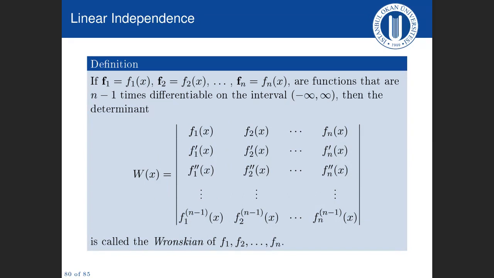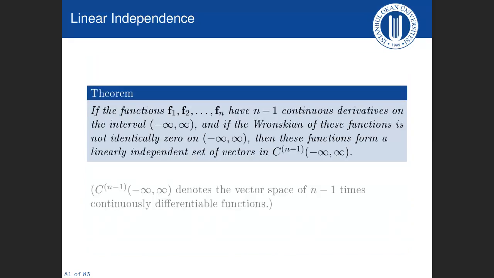And that's useful because of this theorem. If these functions have n minus 1 continuous derivatives, and if the Wronskian of these functions is not always equal to 0, then these functions are linearly independent in the set of all n minus 1 continuously differentiable functions.